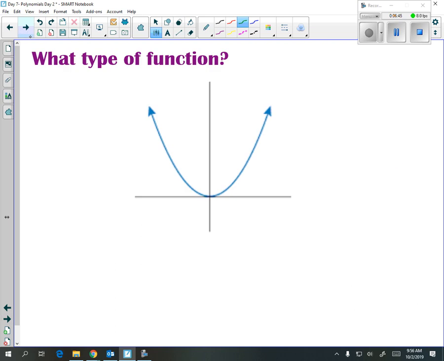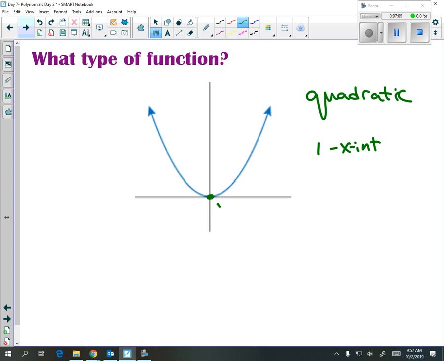What type of function is this? Now you might know that this is a parabola, right? That this is a quadratic, just based on the shape. Now, this particular quadratic only has 1 x-intercept, even though quadratics usually have up to 2, so keep that in mind.